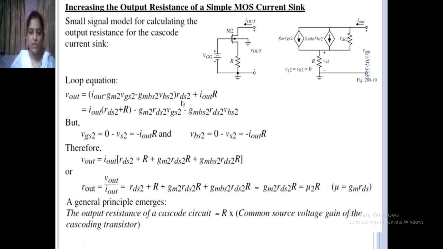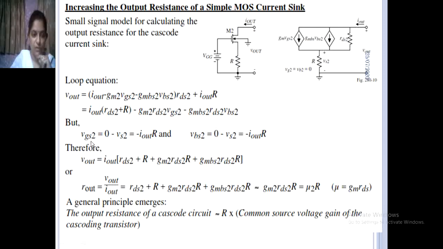The loop equation is given by I out minus gm2 into VGS2 minus gmbs, the bulk term, VBS2, into RDS2 plus I out into R. Taking the common things together and rearranging, the equation becomes like this.